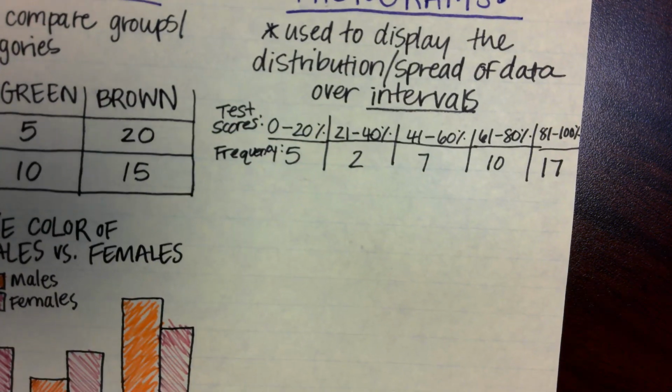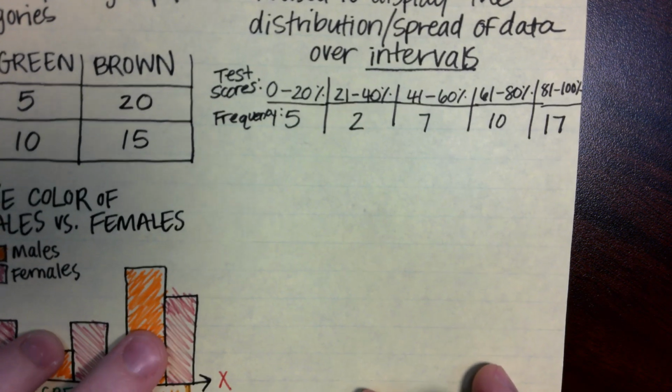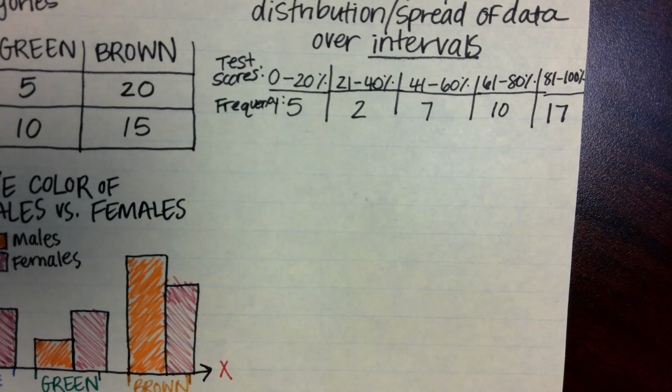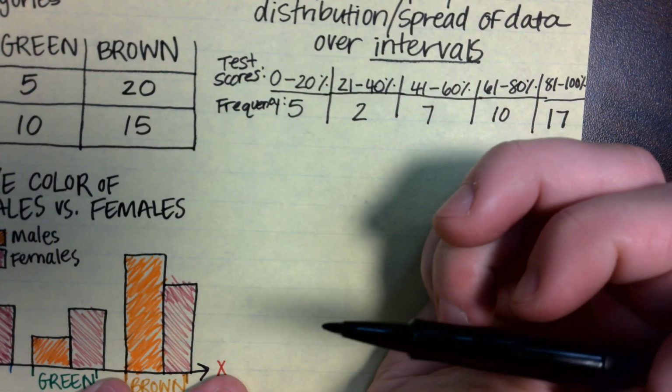Okay. I'll give you a minute to get that kind of copied. And I'm going to go ahead and title. Histograms are super easy to title because we just write down the word histogram in the name. So for this histogram, I'm going to call it Histogram of Test Scores.